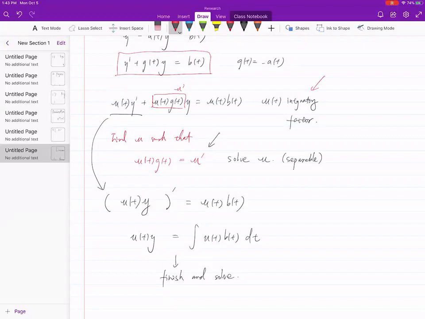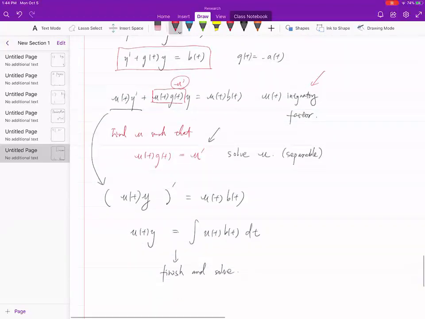To get the perfect product rule, we need to have mu and mu prime in these two terms because we already have y and y prime. Then we need to pick a special mu such that this part is exactly mu prime. That will require us to solve an equation. And that mu will do the job. Still okay? Once you have that, the whole thing can be continued.